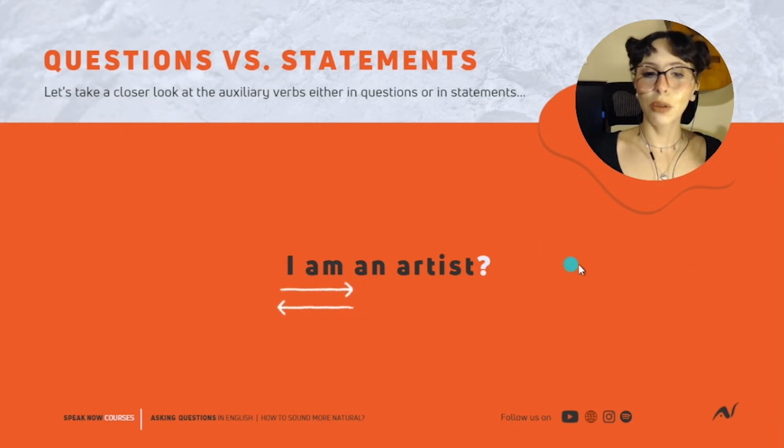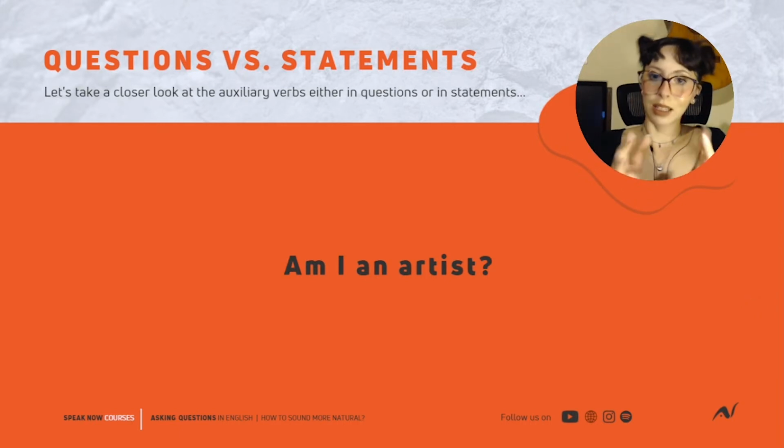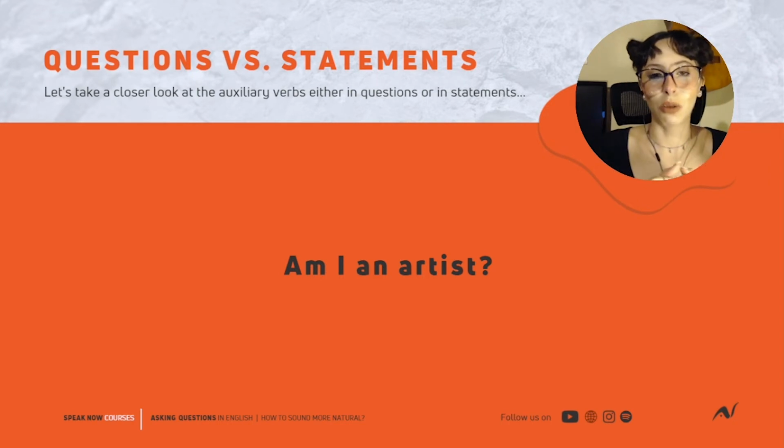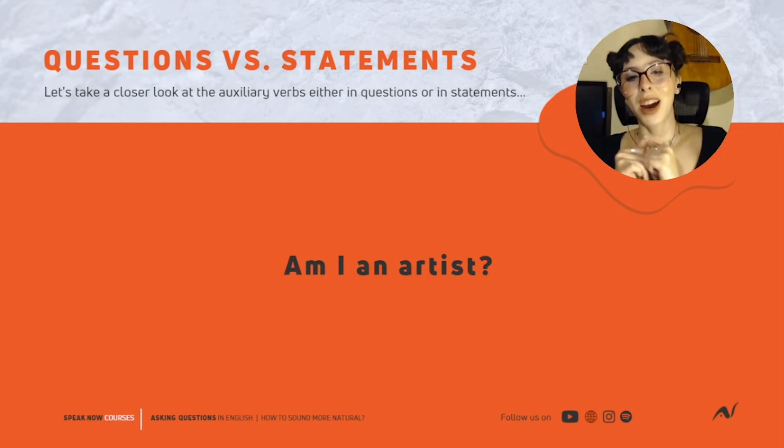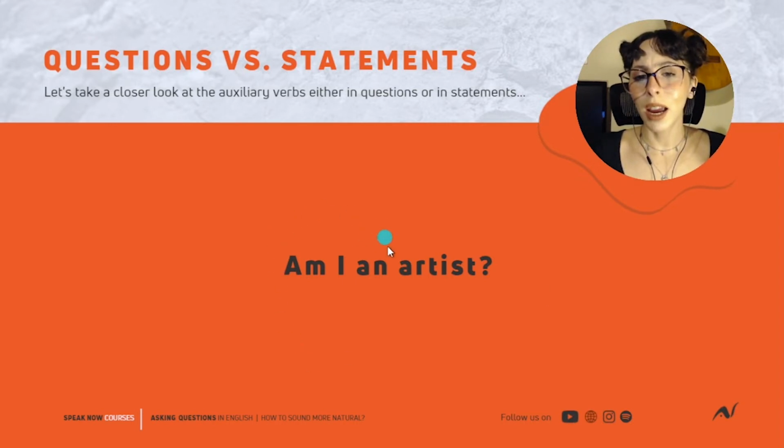We have to switch the order of the subject and the auxiliary verb, in this case the verb to be. In this case, we have this as the correct way of transforming that statement into an interrogative sentence. Can you repeat that? "Am I an artist?" Could you repeat?